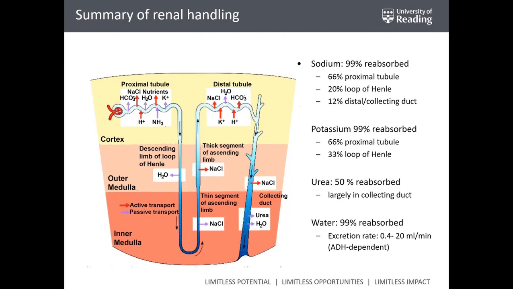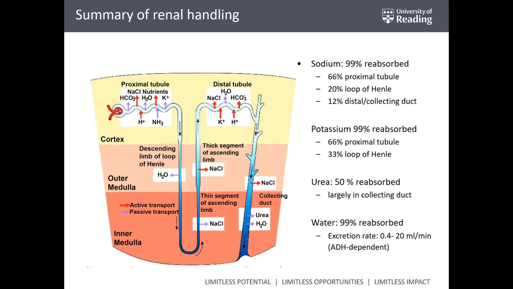Okay, so to sum up, sodium is reabsorbed 99%, and 66% of this process occurs in the proximal tubule, 20% in the loop of Henle, and 12% in the distal tubule and collecting duct.